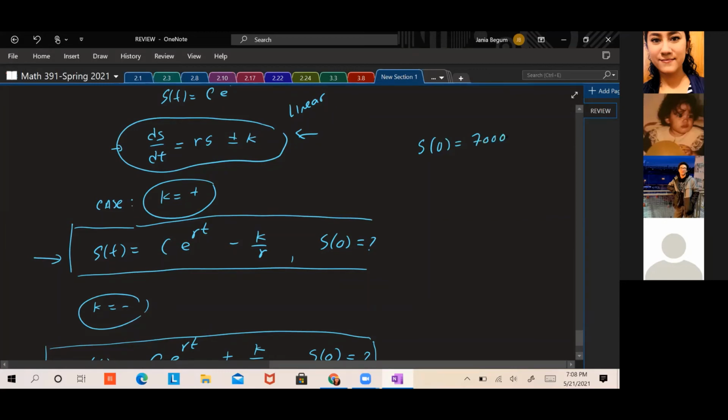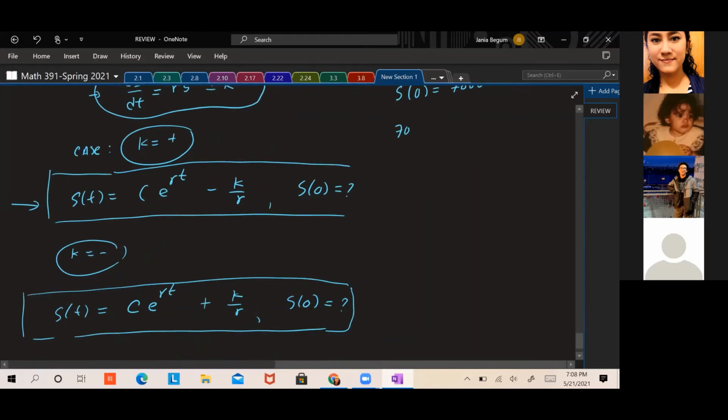So if I plug in 7,000, we're using this formula, the one with minus. So we have 7,000 is equal to C e to the rt, which is 0.1 t, minus K over 0.1. And then if you solve for C, what do you have?